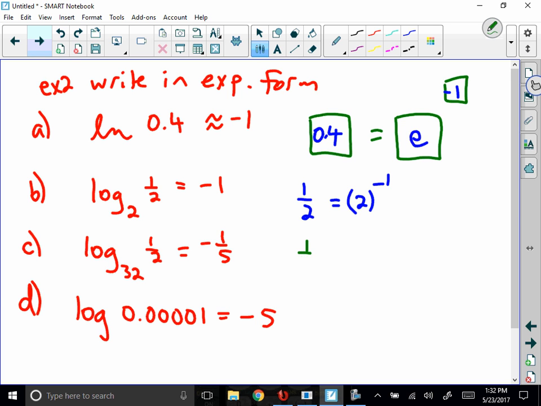Yeah, 1/2 equals 32 to the -1/5. Got the hang of these? And then the last one, number D, would be what? Yeah, equals 10 to the -5th. And remember, if the base isn't written, then the base can safely be assumed to be 10. Got it? One last example, and that's it.